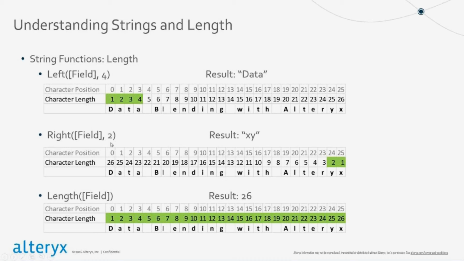Right for this field, number 2 is going to give me the X and then the Y. Again, we're starting the count of characters we're pulling from the far right, so I get the X first and then the Y, and if I kept going, R, E, T, etc. If I look at the length for this field, I'm going to get 26 characters. Again, position would be 1 spot off of number of characters, but I get 26 characters. Data blending with Alteryx.